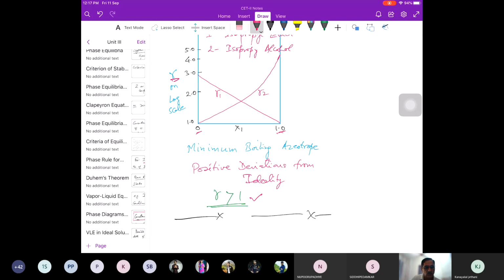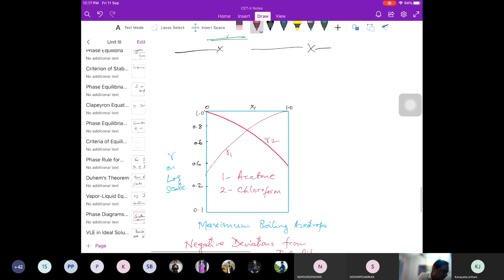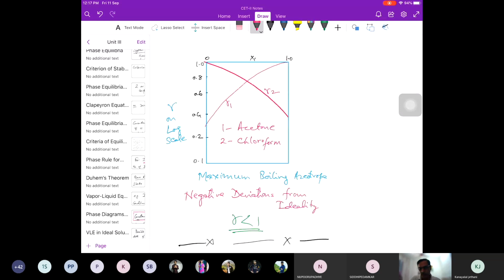Okay. So if you take negative deviation of ideality and we plot ln gamma, again gamma on the log scale versus x1 0 to 1, you'll see that at x1 equal to 1, again it is 1, gamma equal to 1 for pure component, and x1 equal to 0, that means x2 equal to 1, again it is 1.